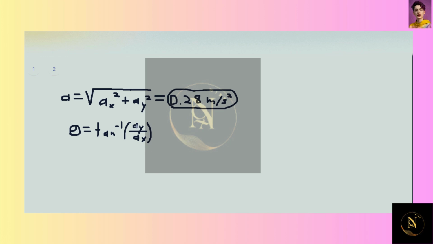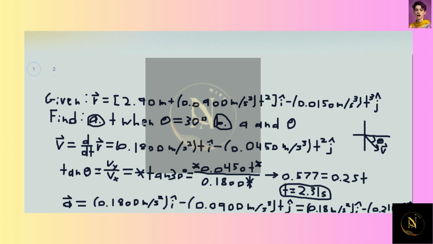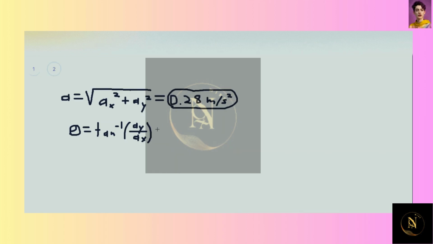Again, I know Ay and Ax from this page here, so I can put in those numbers. I'm going to take arctan, and I'm going to get an angle of negative 49.1 degrees.